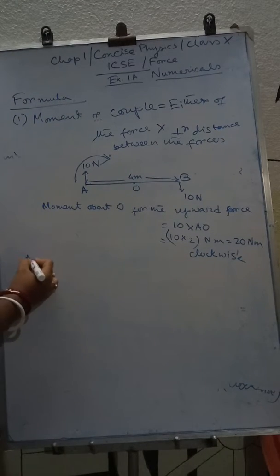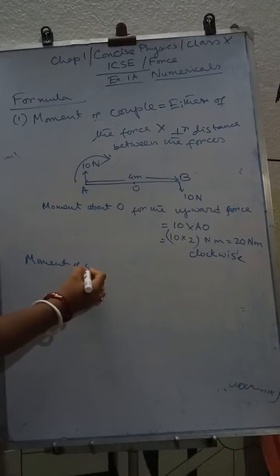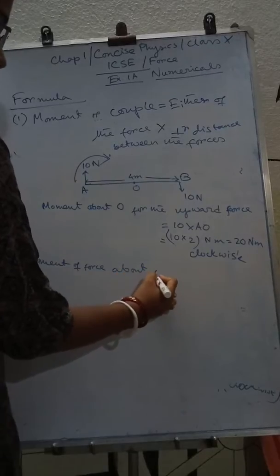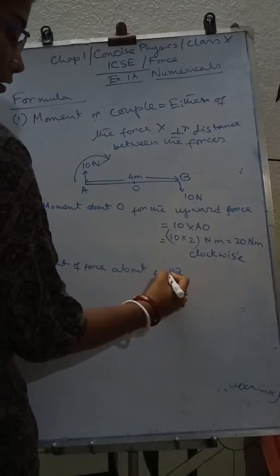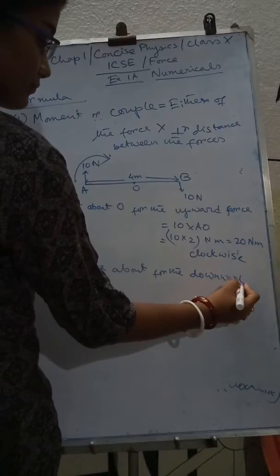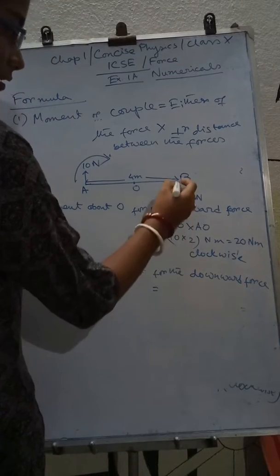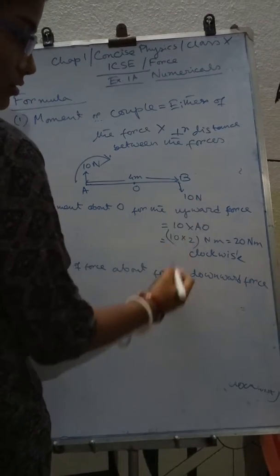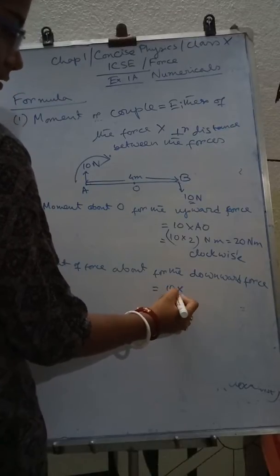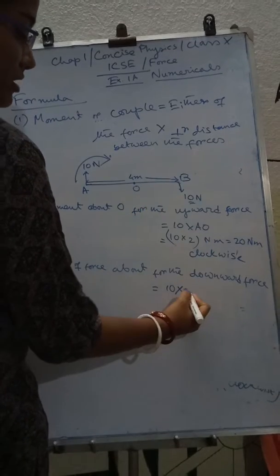Now we have to determine the moment of force about O for the downward force. The downward force is also 10 Newton and the distance is OB.